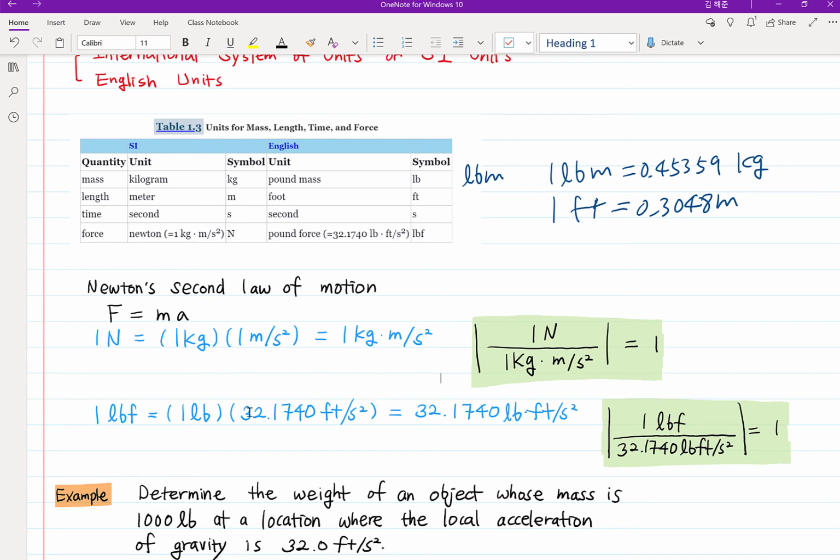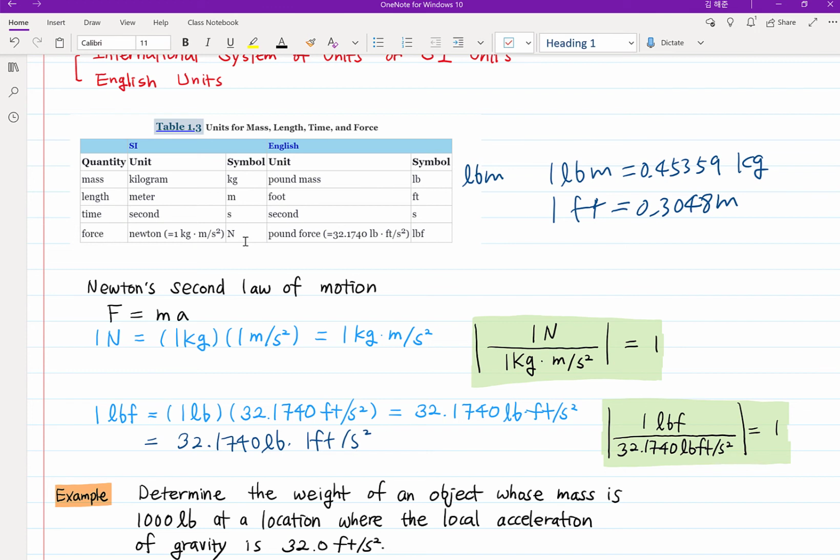So why do we use this 32.1740? It is the gravitational acceleration. Or you may interpret it as 1 pound force equals the force that will accelerate 32.1740 pound mass by 1 foot per second squared.